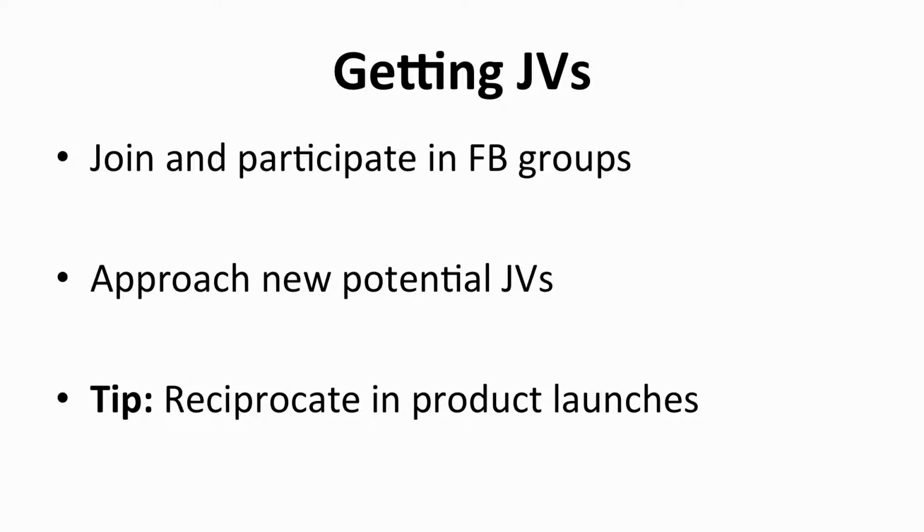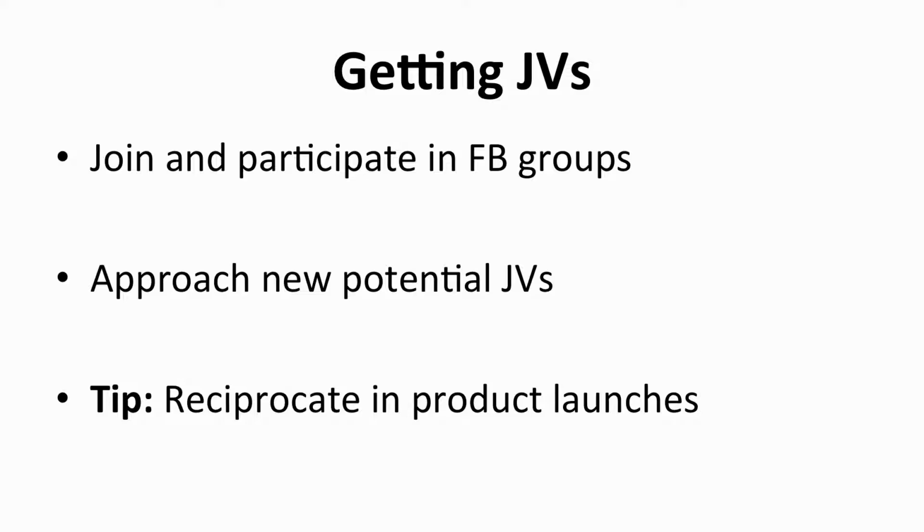Then, approach new potential JVs in the groups. Making connections with new people is a must to grow the list. You need to approach them. A power tip here: help other JVs' launches. Demonstrate your value first. This is the most important thing to do first when you approach the JVs.